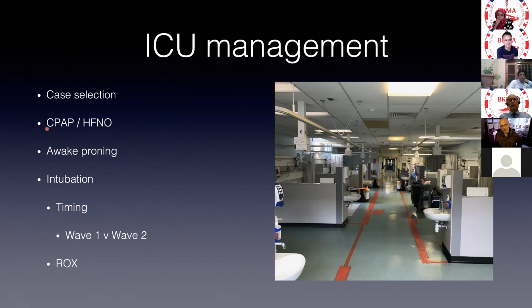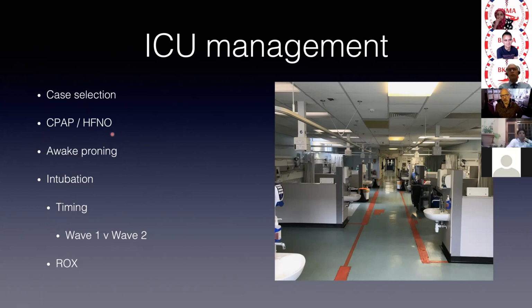So about 50% of our patients we managed with CPAP and high flow nasal. Certainly in wave 1, we were following certainly the UK and probably the worldwide approach, which was intubate nearly everybody as soon as possible. And that was associated with a higher mortality than we were comfortable with. By wave 2, we were down to only intubating about 15% of patients in the first 24 hours, and then probably swung back too much the other way and were managing patients on CPAP for too long before intubating them.